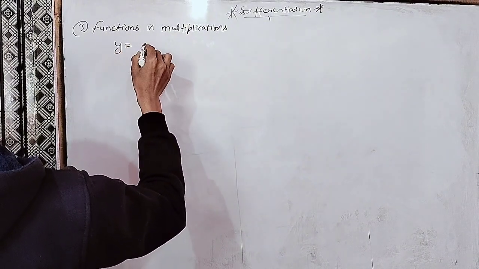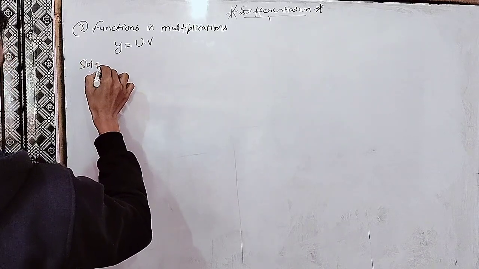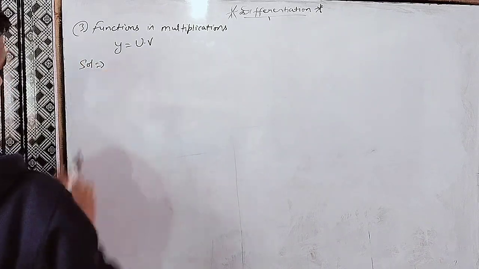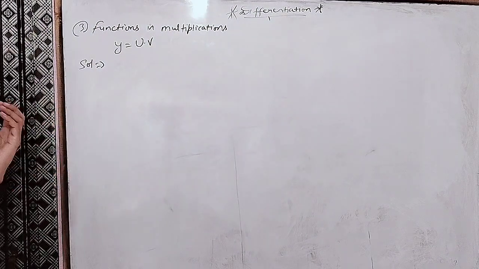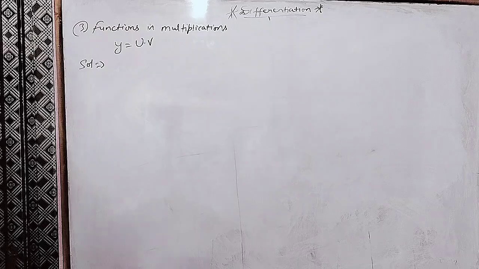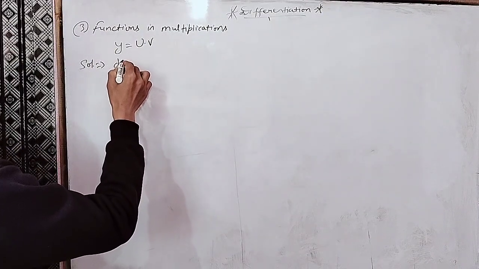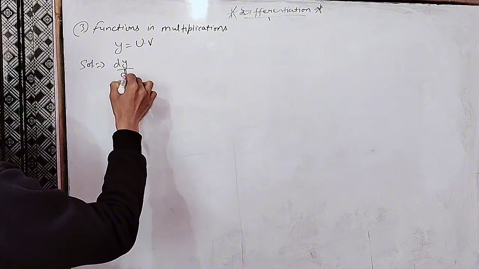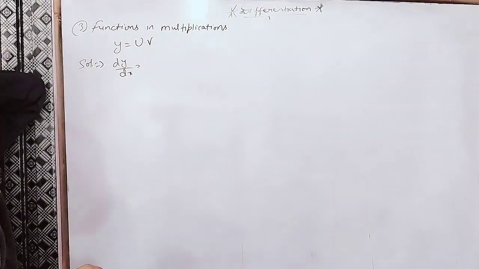We have y equals u into v. So now we will get questions regarding two functions in multiplication like that. Okay. So here we have to represent u into v.